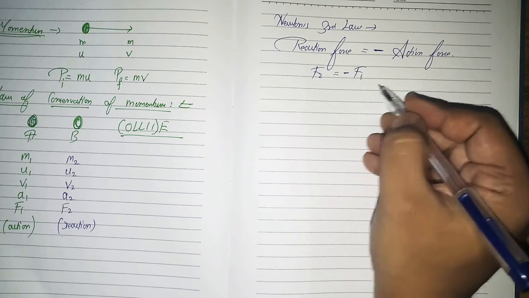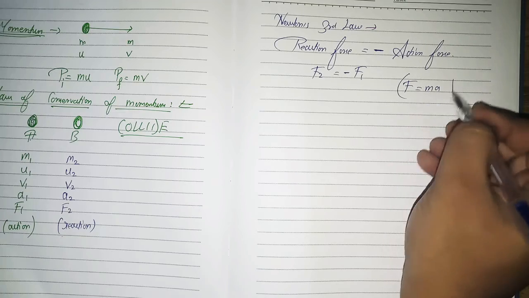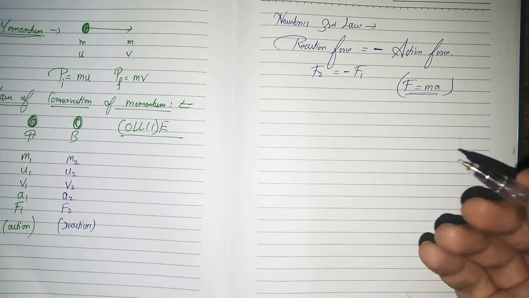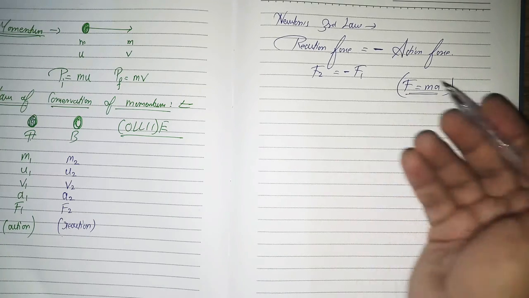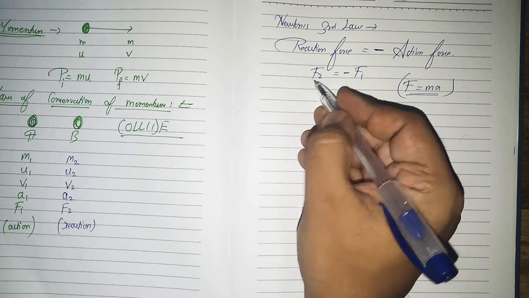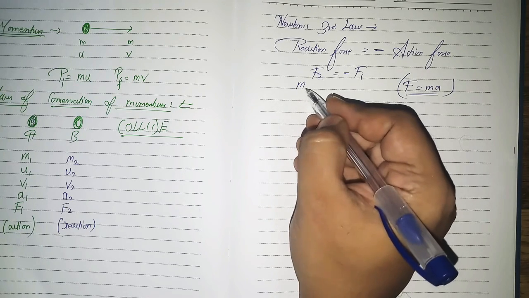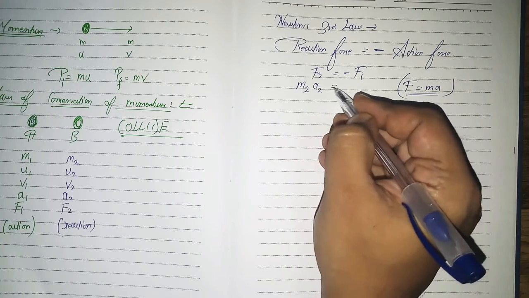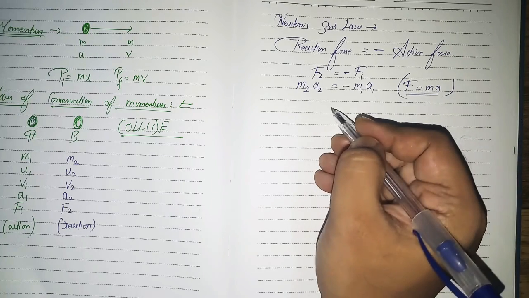Do you know what F equals to m into a? We have already covered this in one of our videos. F equals m into a. Father is equal to ma, right? Okay, no gender bias. So F2 will be what? Force applied by object 2 is equal to mass of object 2 into acceleration of object 2, and this will be minus mass of object 1 into acceleration of object 1.